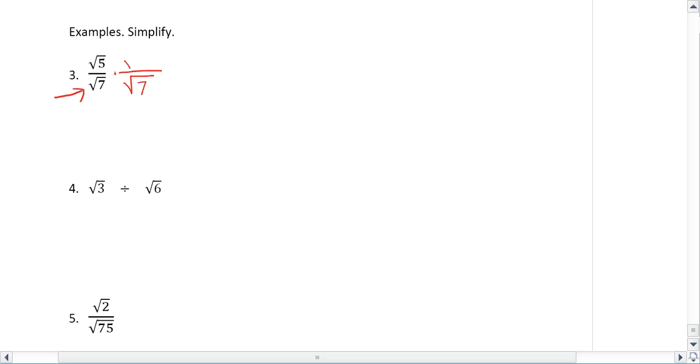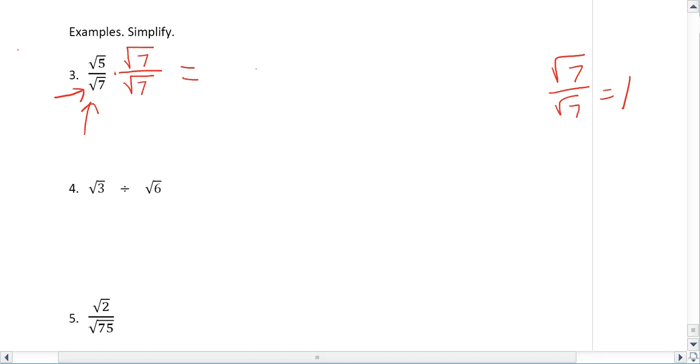Whatever this is, we put it over itself, because square root 7 over square root 7 is equal to 1. So I am not changing my original fraction. I'm not changing the value of this. I'm just multiplying it by 1, but I chose this 1, the way I write it, very carefully so that it helps me. So now go ahead and multiply straight across.